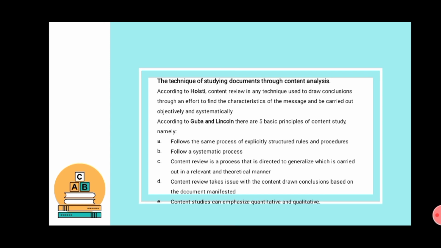A. Follow the same process, especially structure, rules, and procedures. B. Follow a systematic process. C. Content review is a process directed to generalize, carried out in a relevant and orderly manner. D. Content review deals with the content, drawing conclusions based on the manifested document.